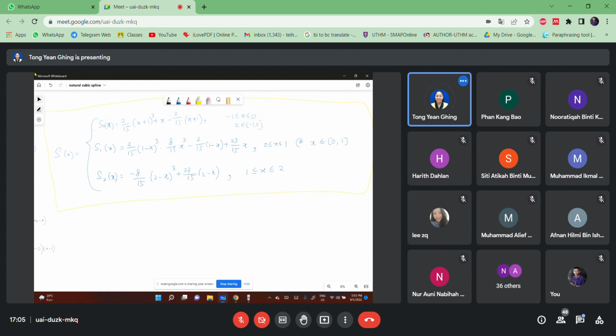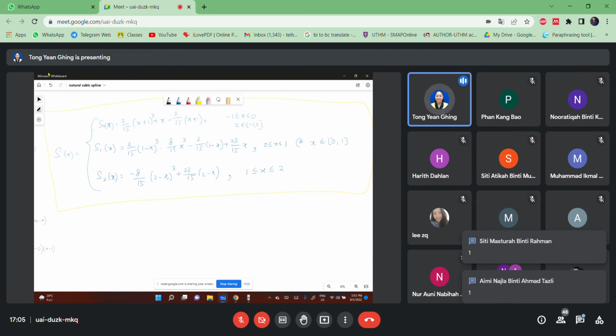Apa tak ada jawapan? So if let's say you want to stop here, you type 1. If you want to continue with the example, type 2. You put in a comment, stop here. Semua dah tak boleh masuk.